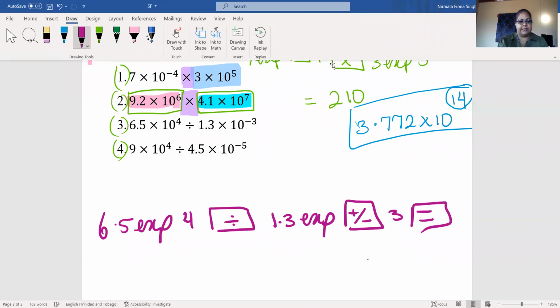Work it out and see what you get. You're going to get 5 by 10 to the 7.